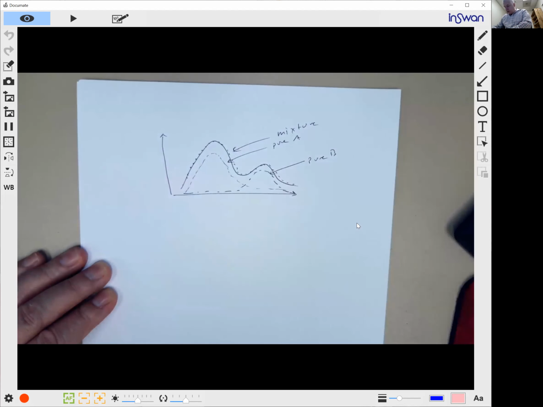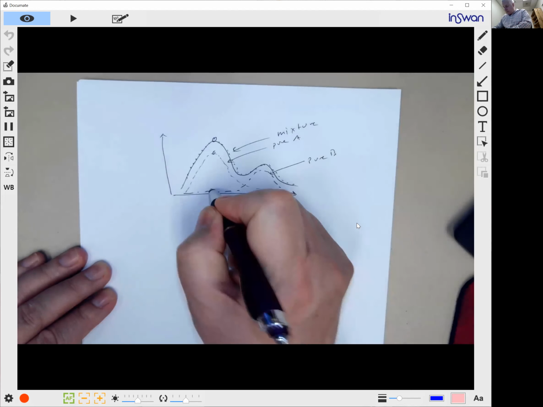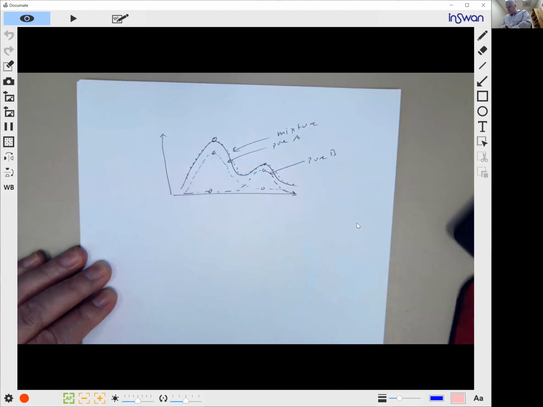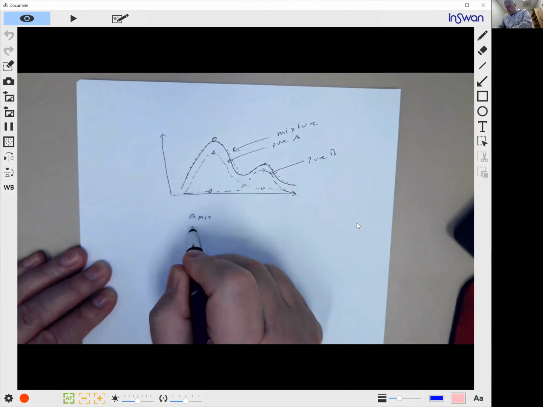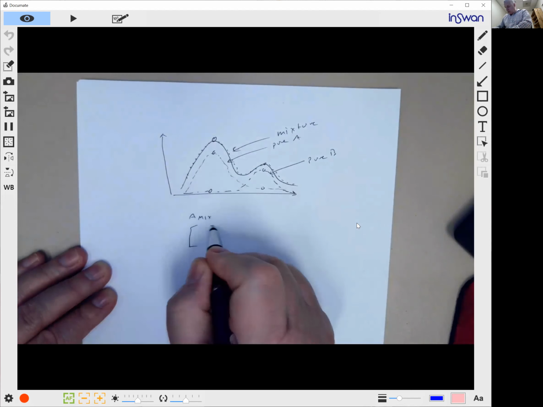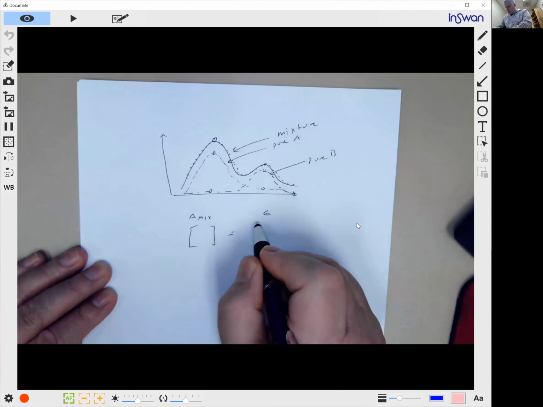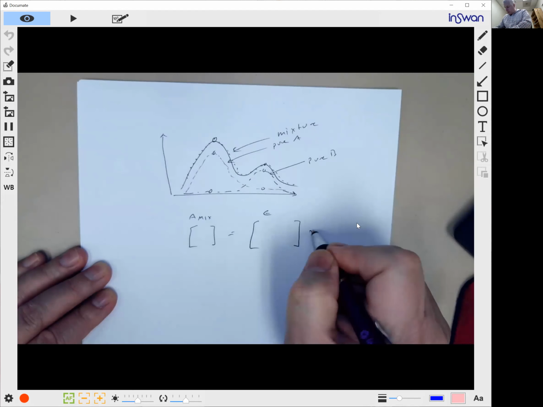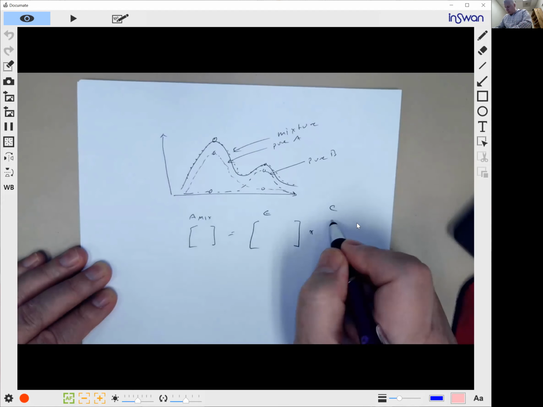In theory, we could just take these three values and these three values, and say A for the mixture is equal to epsilon, which is going to be 2 by 2, times C, which will be 2 by 2.